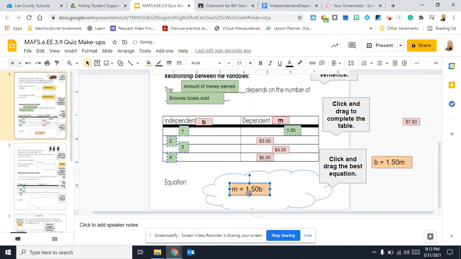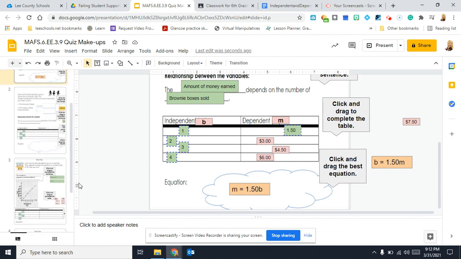The other equation says M equals $1.50 times B. B is 1. Is 1 times $1.50 equal to $1.50, which is M? Yeah, that's correct. How about 3? B is 3 now. $1.50 times 3, does that equal $4.50? Yes, it does. So your job is to read the problem at the beginning and complete each section as it relates to the problem.